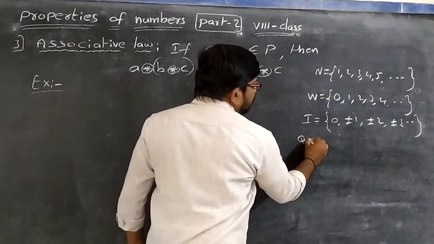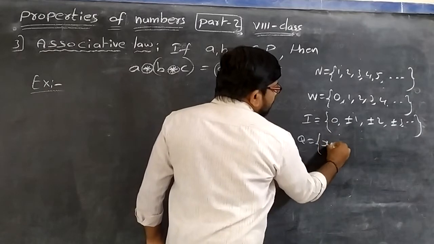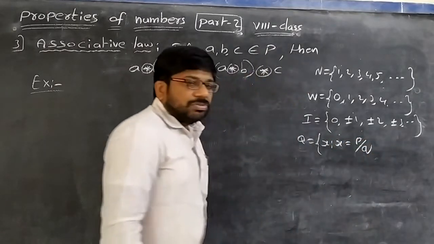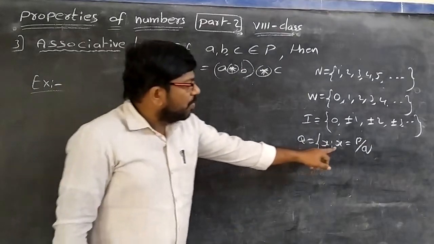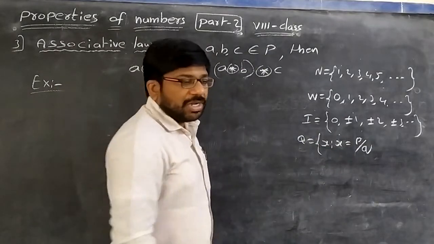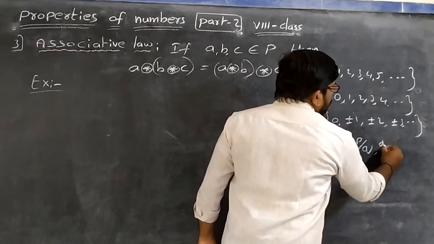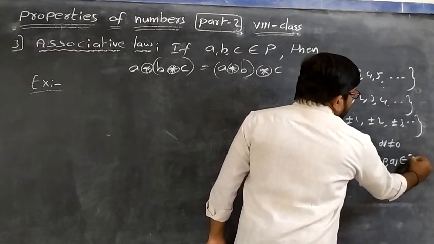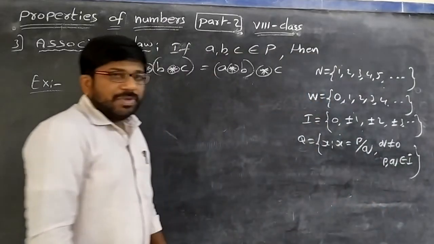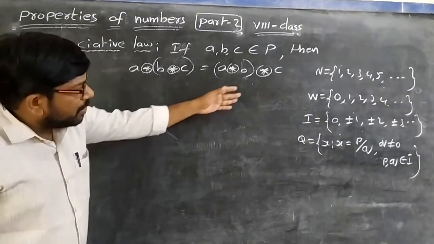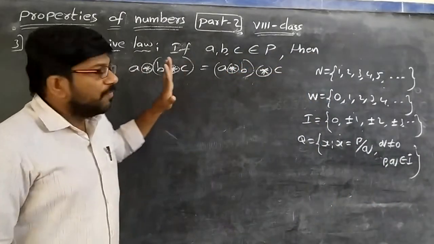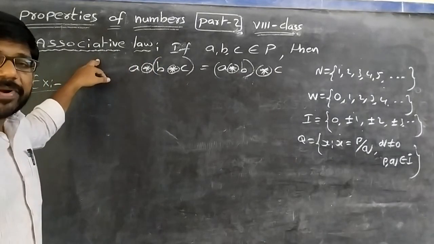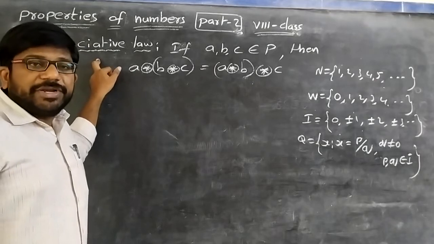And the rational numbers Q: x such that x equals P by Q. The numbers which are in P by Q form are called rational numbers. Here Q is not equal to 0 and P, Q belong to integers. Let's check whether the sets satisfy associative law under addition, subtraction, multiplication, division.